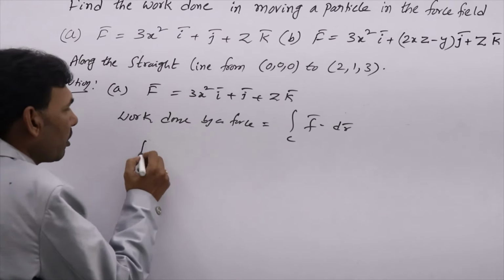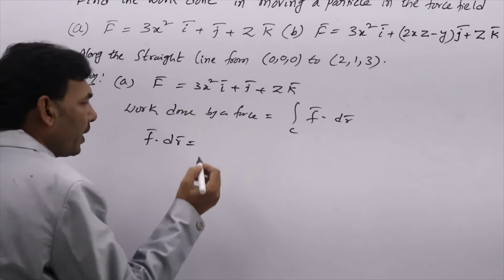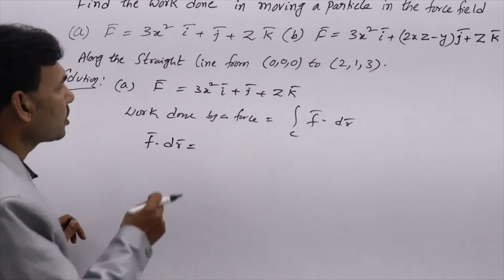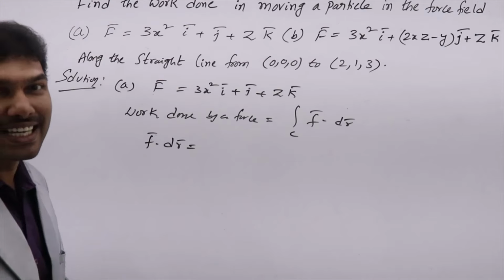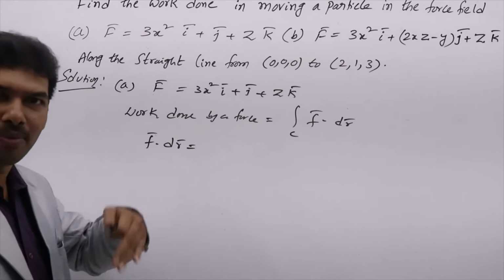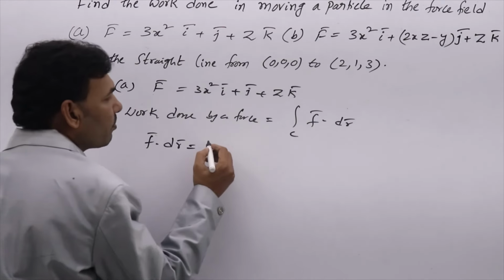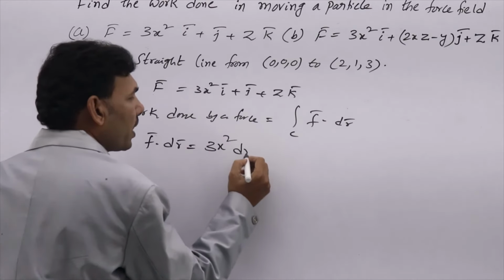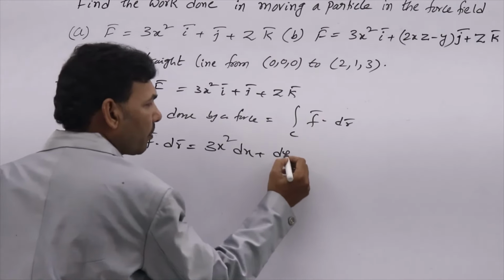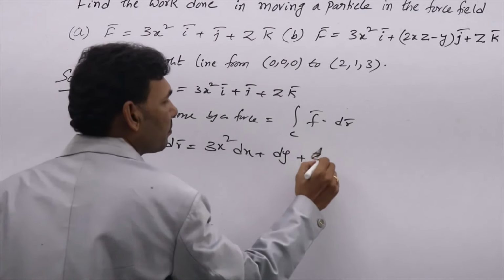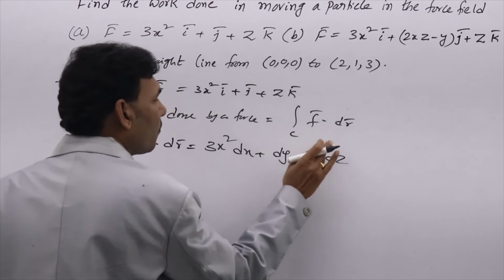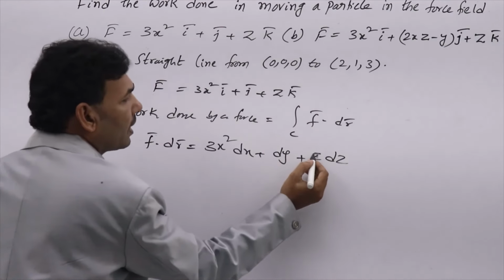I said one small technique to find F bar dot dr bar directly: simply write dx in the place of i, dy in the place of j, dz in the place of k. So we get 3x squared dx plus dy plus z dz.